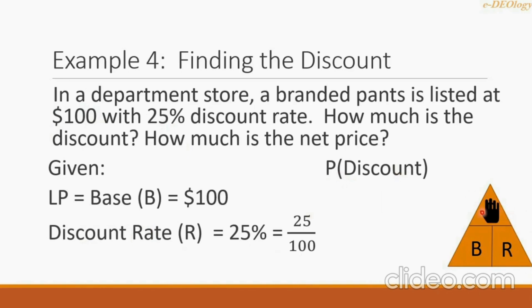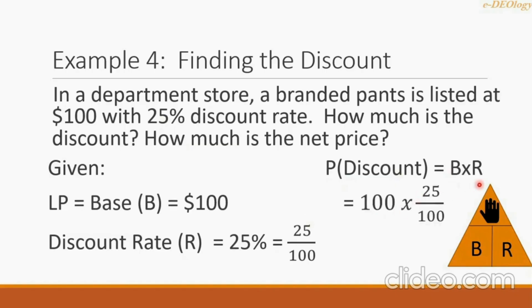If I'm going to cover that with my hand, I will get my formula easily. The B and R multiplied together. So substituting the values, the base is 100, the R, we will use this 25 over 100. Then we cancel 100 and 100. So the final answer or the discount is the 25. So the discount is $25.